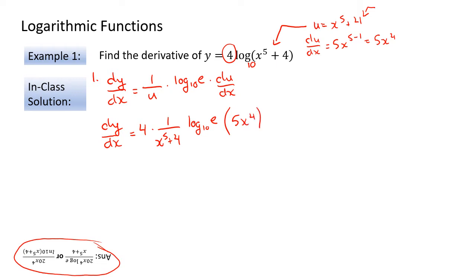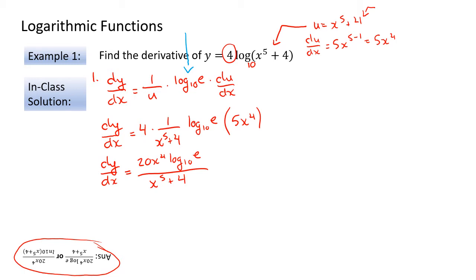Simplifying this, we have 4 times 5x to the 4th, which is 20x to the 4th, times the log base 10 of e, and then that's all divided by x to the 5th plus 4. I just collected all the like terms in the numerator. So that is using the derivative based on log.